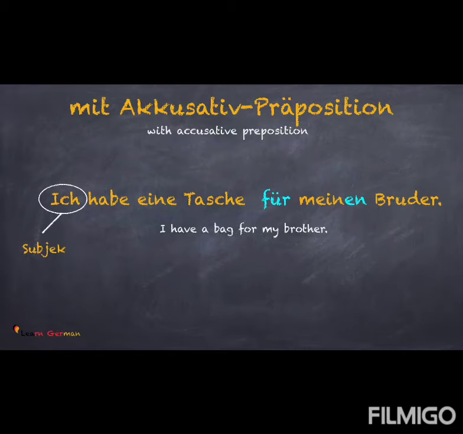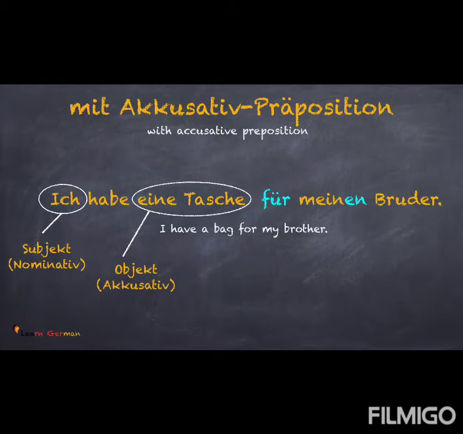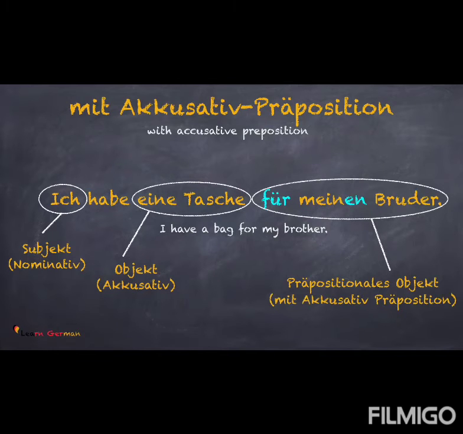In this case, ich is my nominative Subjekt, eine Tasche is my accusative Objekt oder direktes Objekt, whereas für meinen Bruder is a prepositional object or prepositionales Objekt. And in this case, since the preposition is für, which is akkusativ, this object is mit akkusativ Präposition.